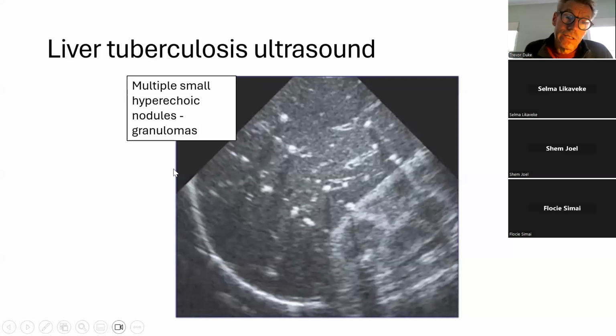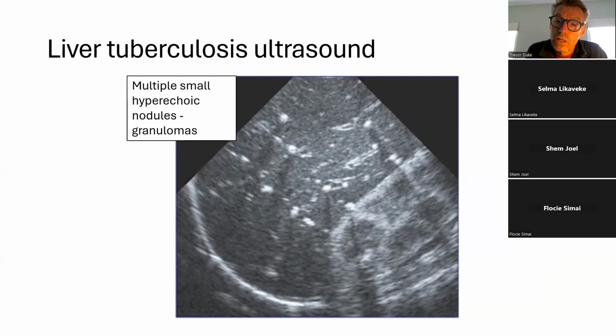Sometimes the lesions are not hypoechoic, but they're hyperechoic. This is another child who had granulation or multiple granulomas within the spleen related to abdominal TB. And again, you can see the splenic tissue doesn't look homogeneous.